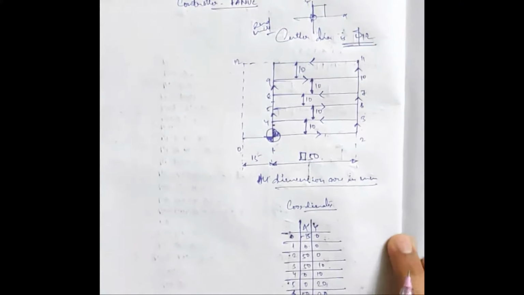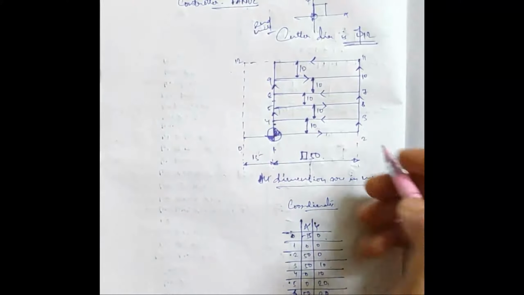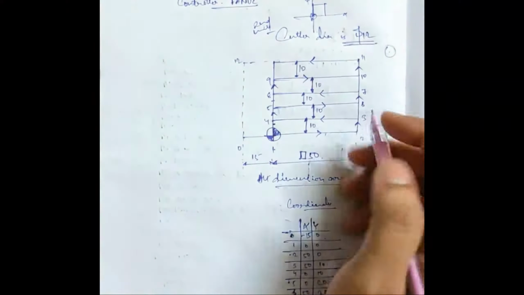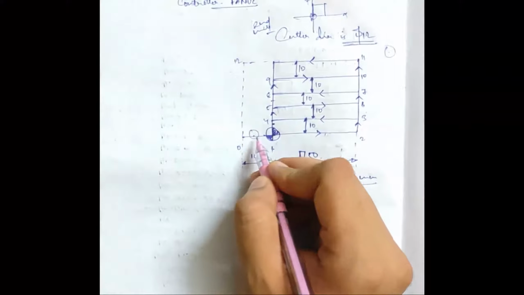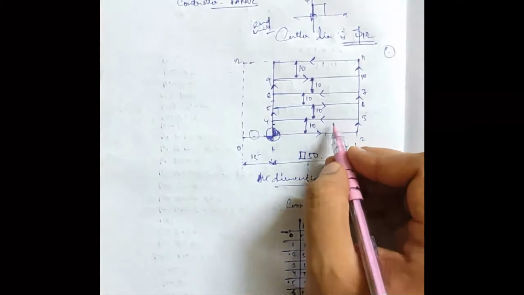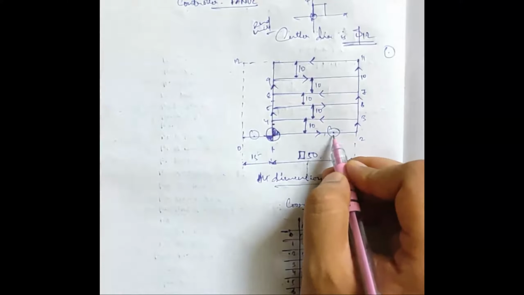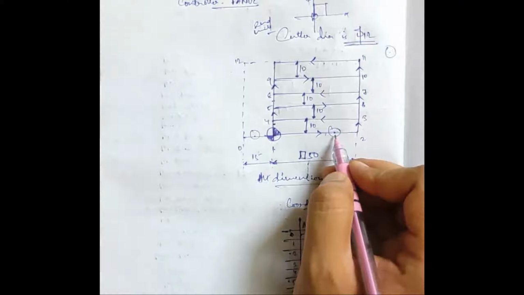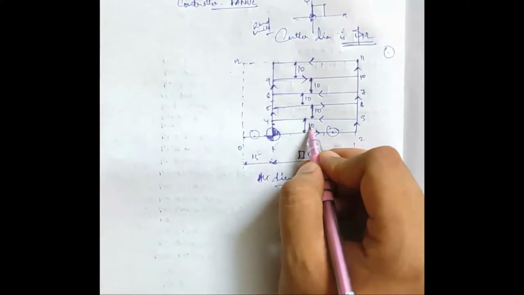While using this cutter, the cutter top view will be like a circle. The cutter will move from point number 0 to 1 like this. The center point of the cutter will coincide with this line. The space from this line to this line is 10 mm.